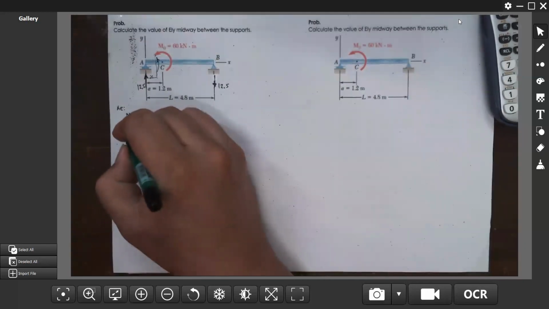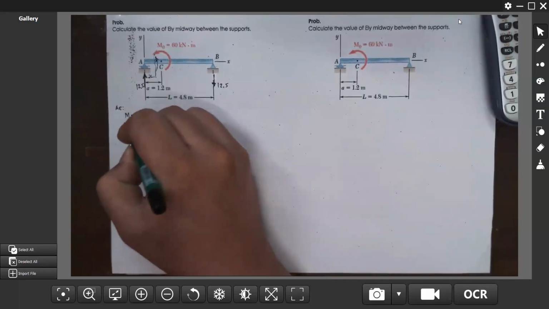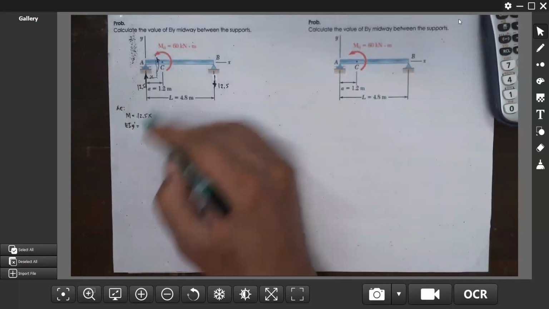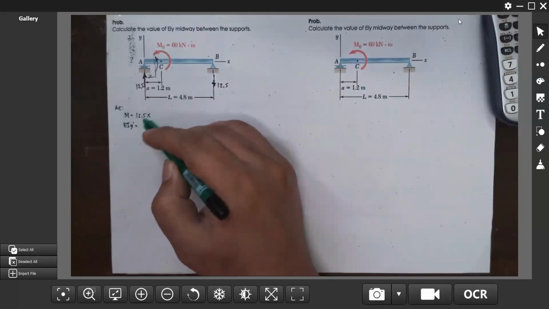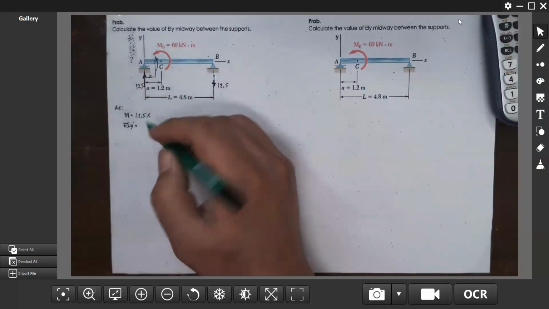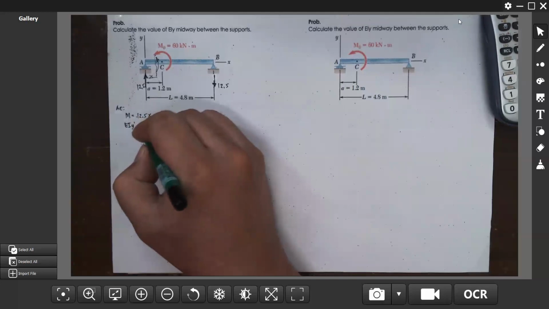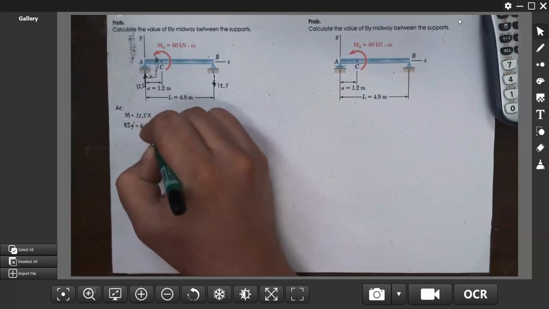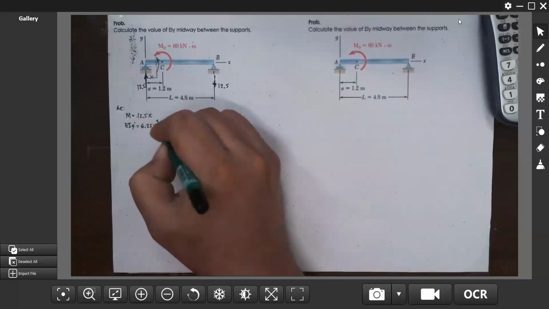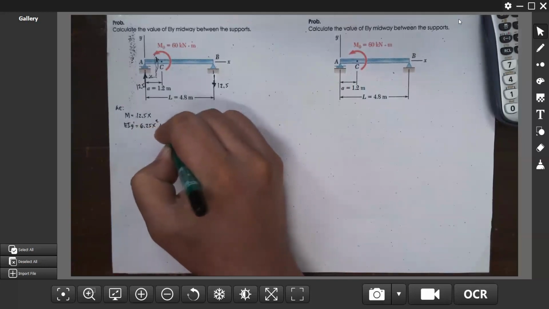And EIY prime is the integral of 12.5 x squared over 2. That's 6.25 x squared, and then plus C1.